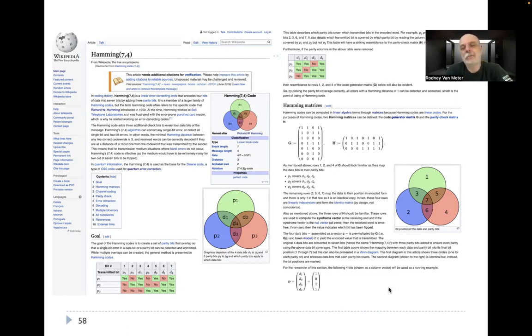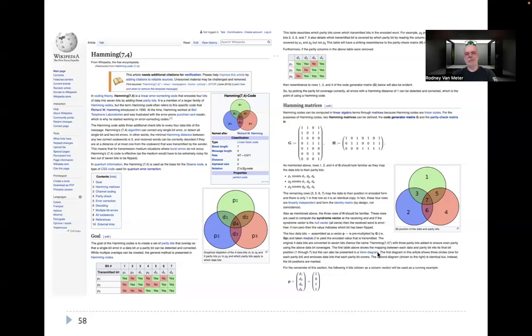But you'll see 2 matrices, one of which is labeled G and one of which is labeled H. G is the generator matrix, and H is for checking the parity in order to figure out whether or not an error actually occurred in the set of bits during the transmission.